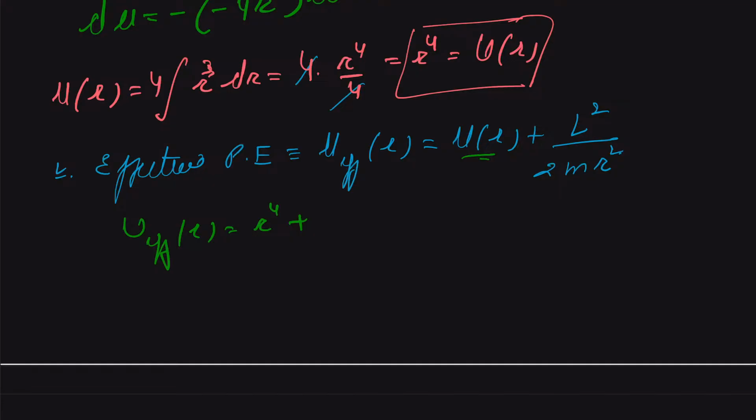So that will be giving us 10,000 divided by r square. Now we come to the total energy for our circular motion.